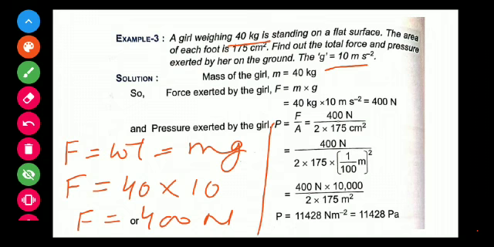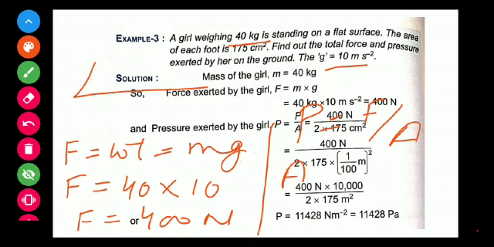You have to find pressure. Now, to find the pressure, pressure is equal to force upon area. Now, find the area. This is your surface, these are your 2 feet, and area of 2 feet is equal to 2 into area of first foot, and area of first foot is 175 centimeter square.